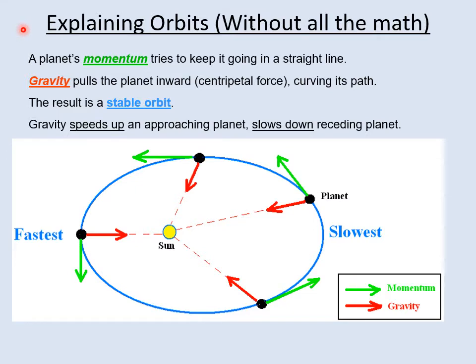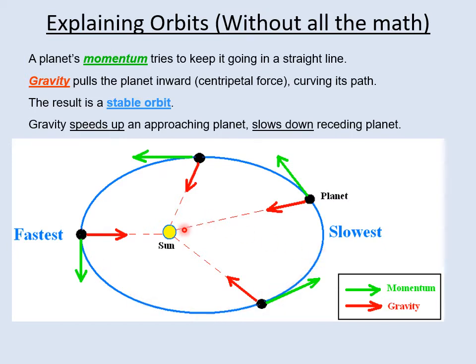Before we get into the orbit equation, one way to visualize an orbit is to take a planet that's orbiting around the sun in our solar system. The reason it's shown like this is that planetary orbits are actually elliptical. They're not nearly as elliptical as shown here, but this is just to show the effect.